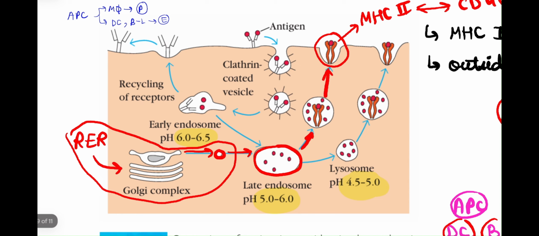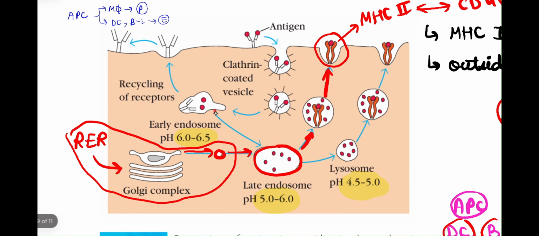The main purpose of endosomes increasing acidic conditions is that the antigenic peptide has to be degraded into smaller peptides. Since the proteasomes are not involved here, how can we degrade the antigen into smaller peptides?